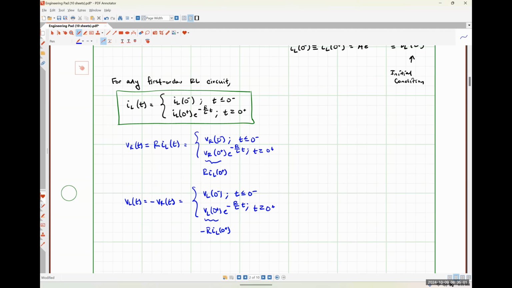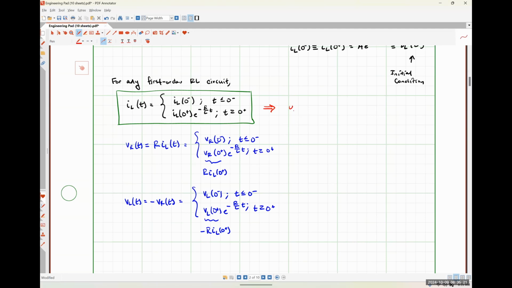Okay. So we can take our equation that we derived for an inductor and convert it into a generic equation that is valid for literally any circuit element in our first order system.